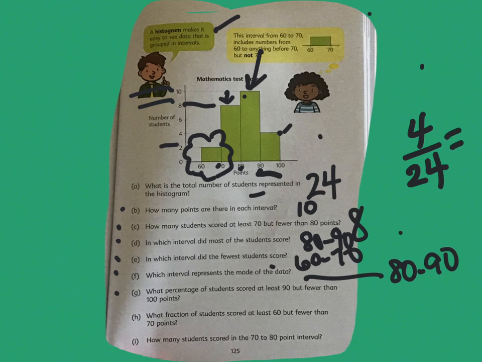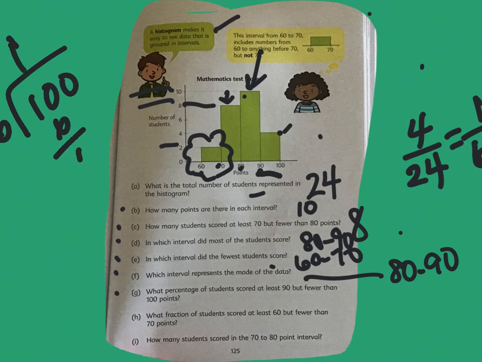So I can reduce that down. 4 goes into both of them. 4 goes into 4 one time. 4 goes into 24 6 times. Now we need to see what percent that is of 100. What did I multiply to get 100? Well, you could divide 100 by 6, and it goes in there one time.